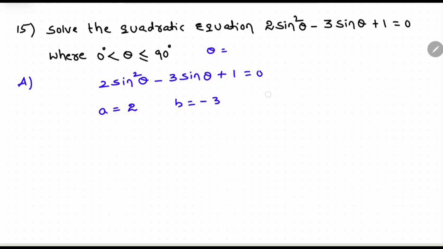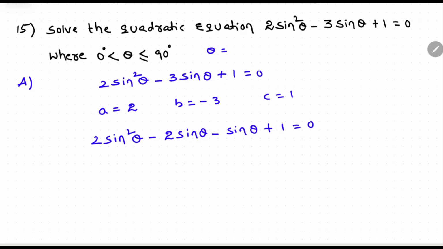Minus 3. c value is 1. By factorization, we can write 2 sin² theta minus 3 sin theta as minus 2 sin theta minus sin theta, since minus 3 can be written as minus 2 minus 1, plus 1 equals 0.